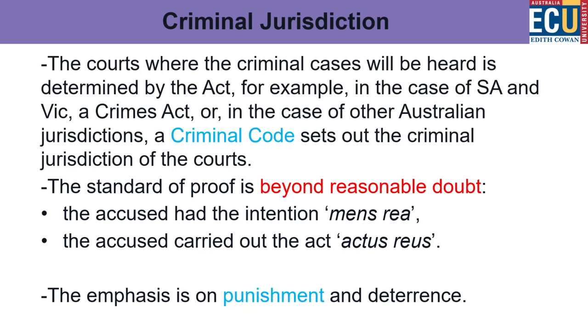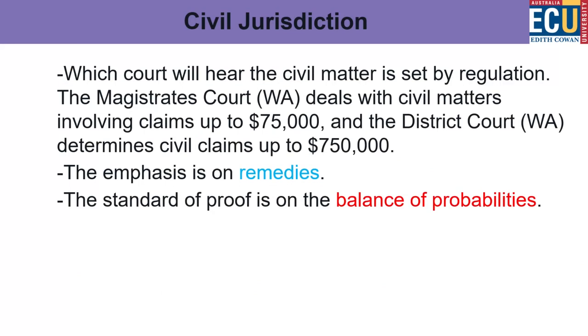It can be a huge amount of fine, or it can be a combination of both, fine plus imprisonment, right? So these are the consequences which are really severe. So the case must be proved beyond reasonable doubt in the court. Does it make sense? Whereas for a civil case, we do not maintain such a huge standard of proof. The standard of proof for a civil case that we maintain is balance of probabilities.